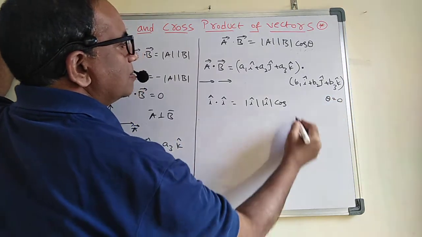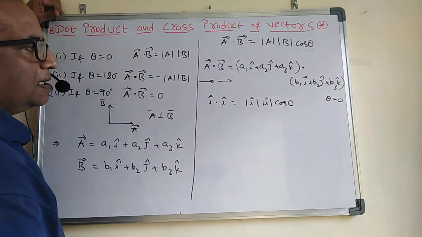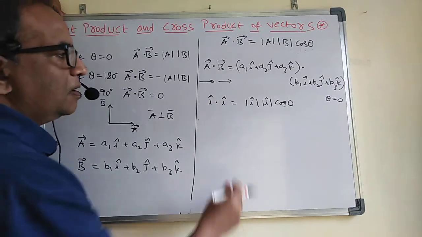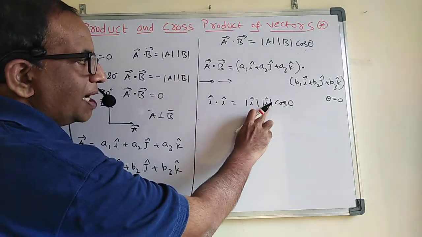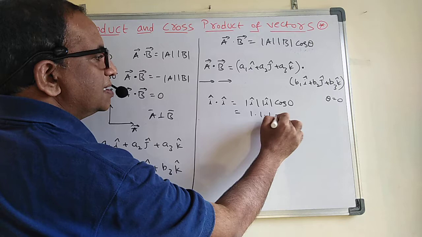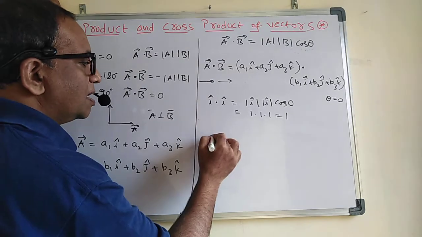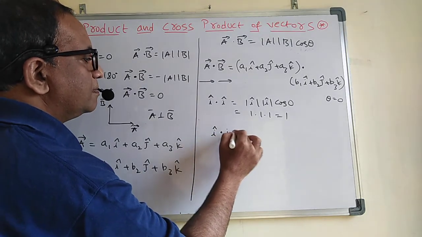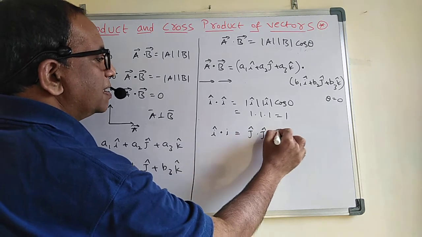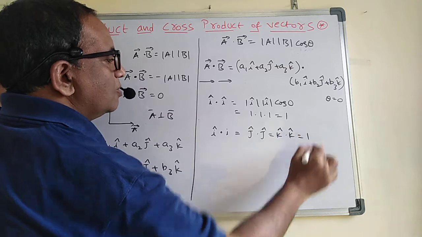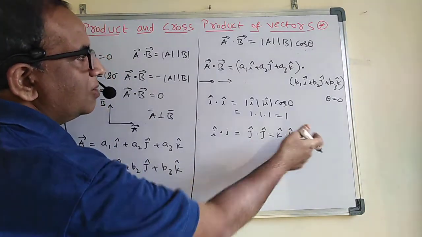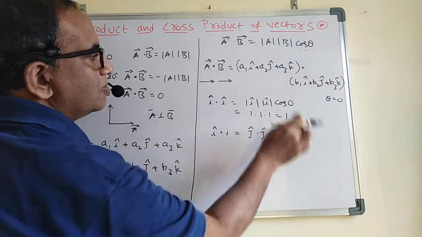The angle is 0, so cos 0. i is a unit vector, so what is its magnitude? 1. Cos 0 is 1. So 1 into 1 into 1 is nothing but 1. If I take i dot i, j dot j, then k dot k, it is equal to 1. The similar vectors if I multiply, I will get 1.